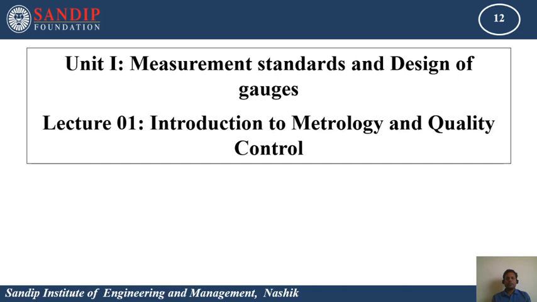We know that every industry's base is measurement, inspection, quality and quality control, right? We have to manufacture a quality product according to the requirement of customers, right? So for that process we have to implement the proper inspection process. So if we need to implement the proper inspection process, for that process we need to implement the proper metrology process there. So metrology is nothing but it is a measurement science process.